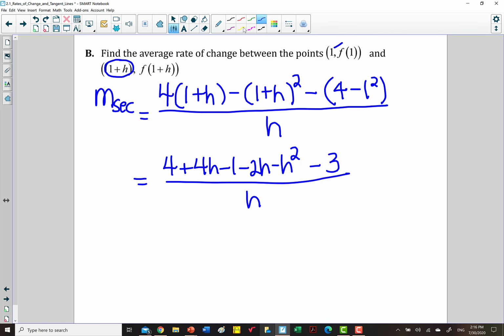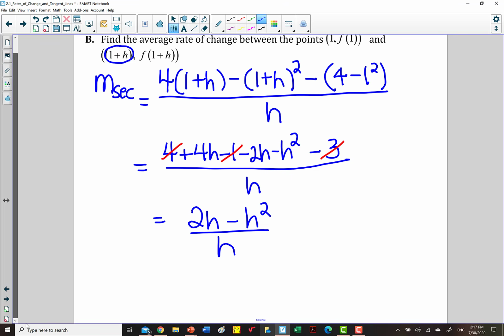This is the slope of my secant line. 4 minus 1 is 3, and 3 minus 3 is gone. 4h minus 2h is 2h minus h squared divided by h is our slope of the secant line, or average rate of change.